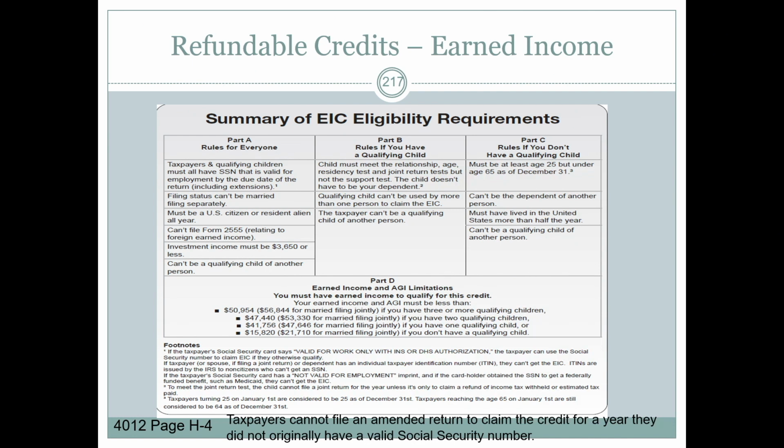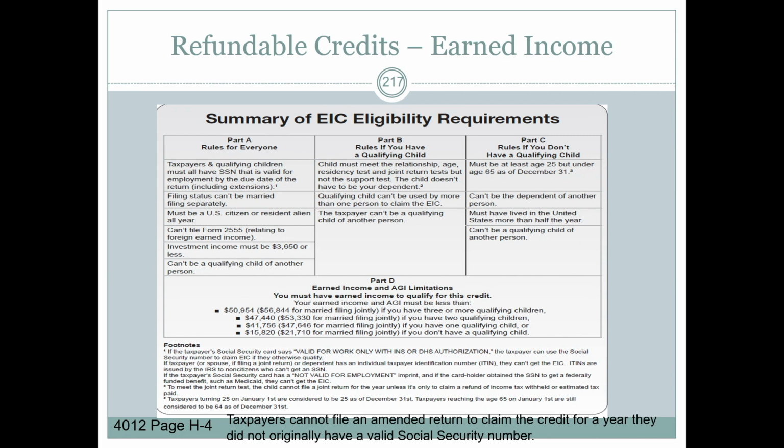Then the income reduces if you have 2 qualifying children, 1 qualifying child. And the amount for no qualifying child is $15,820. That's for our single taxpayers.